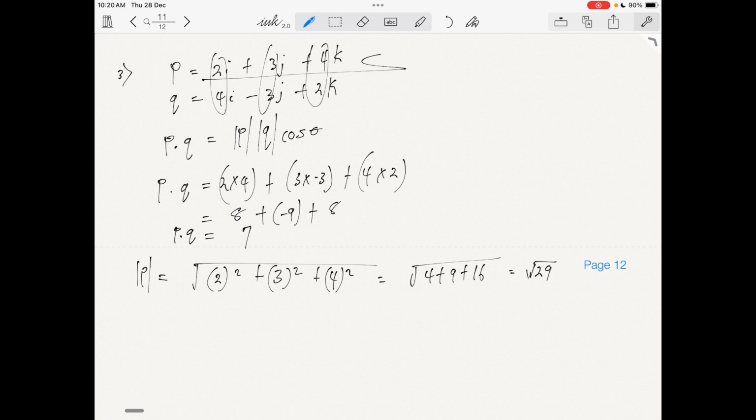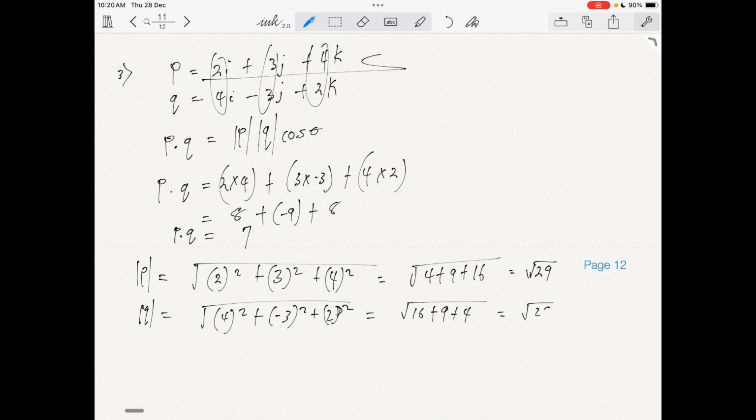And also for the modulus of q, that will be the square root of 4 squared plus minus 3 squared plus 2 squared, and that will give us the square root of 16 plus 9 plus 4, which is also root 29.